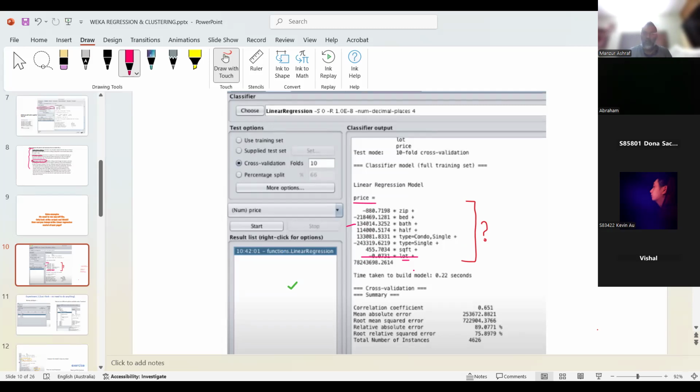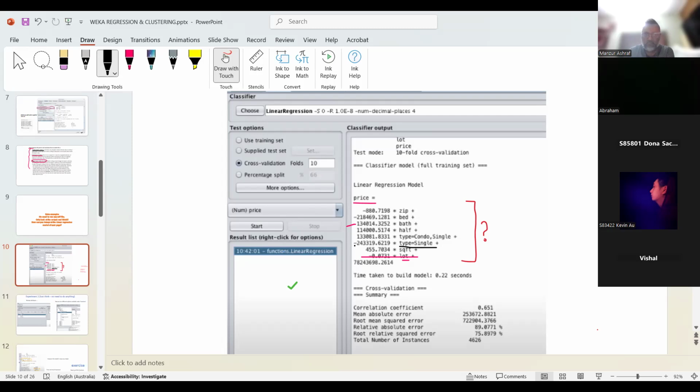The third point is, what about the type single? Is the coefficient positive or negative? Negative, right?